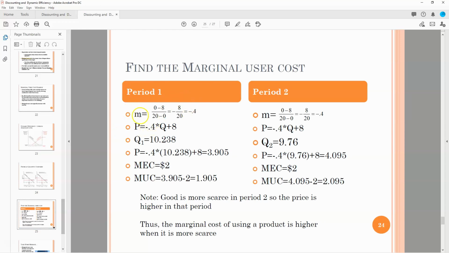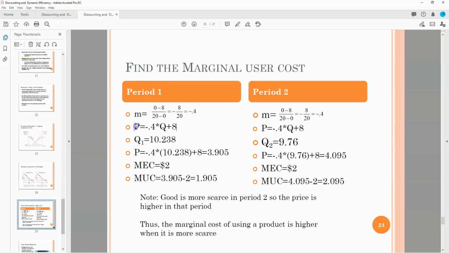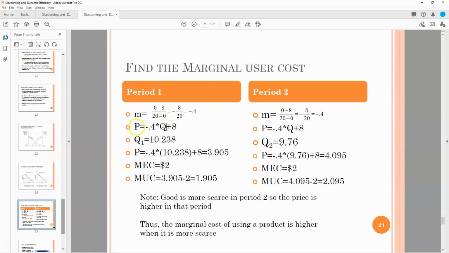Then we plug the slope back into the equation. We get the marginal benefits curve as p equals minus 4 times q plus 8. And suppose we consume 0, then the price would be 8. So the equation is the same in both periods.